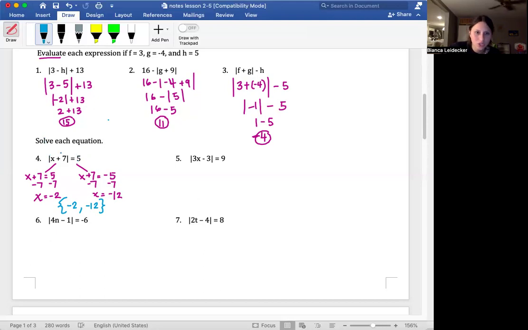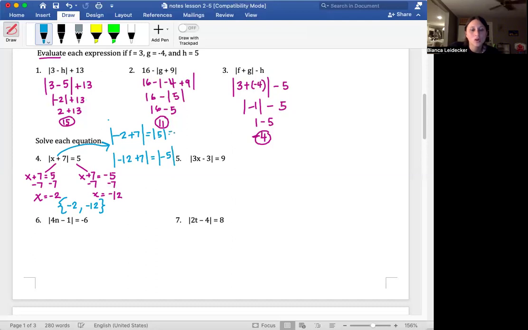So let's just double check this. I'm not going to check every single problem, but I could put -2 plus 7, and I could put -12 plus 7. And when I work both of these out, -2 plus 7 is an absolute value of +5. -12 plus 7 is a negative absolute value of -5.